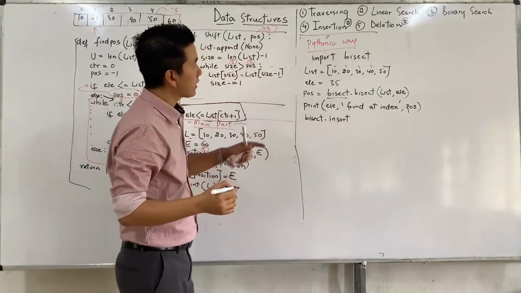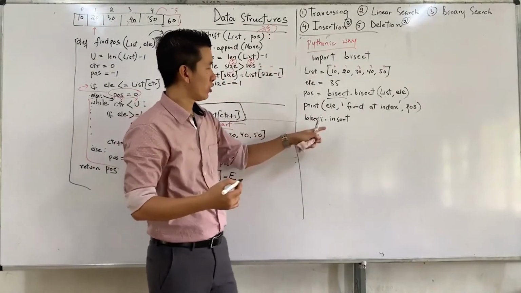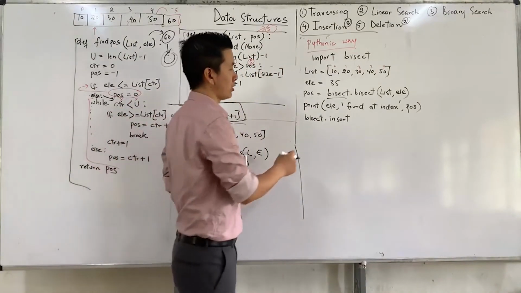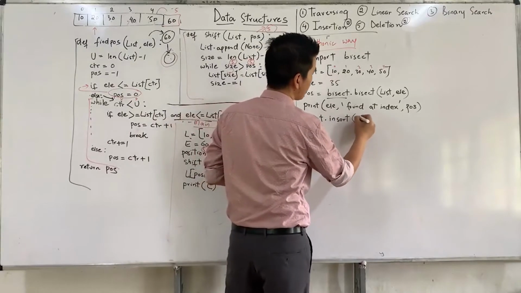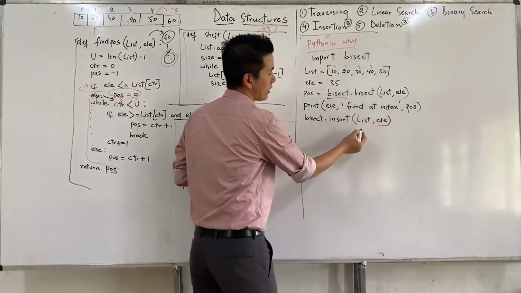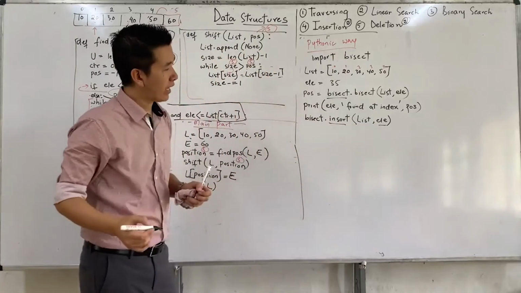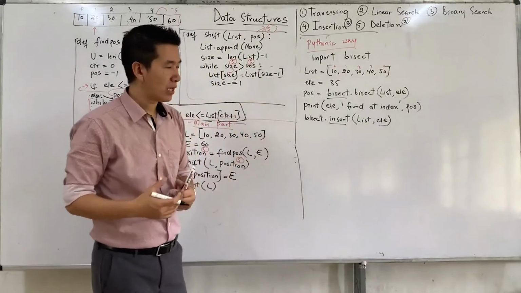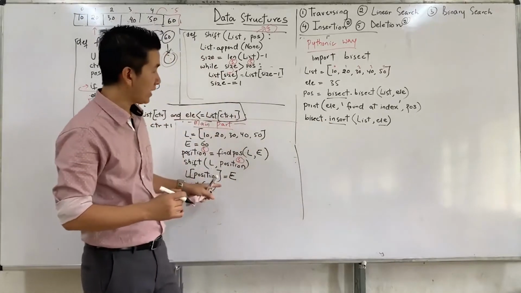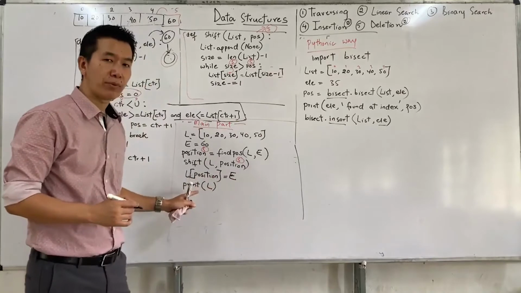Be careful: as per the question, it sounds as if this has to be insert, but be careful, this is not insert, it's insort. So this ele value will be inserted at the appropriate position of the list with the help of insort. Roughly, you could imagine that the logic behind the insort function will be like the shift function and the final assignment of the new element at its appropriate position.